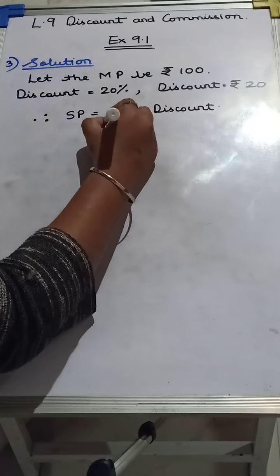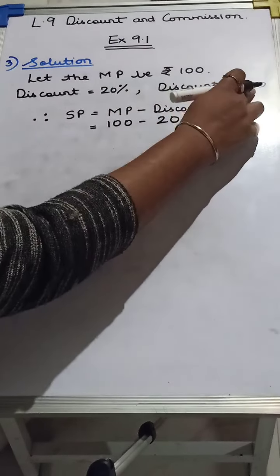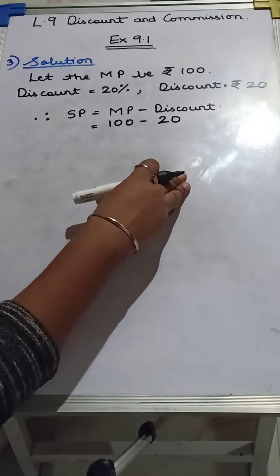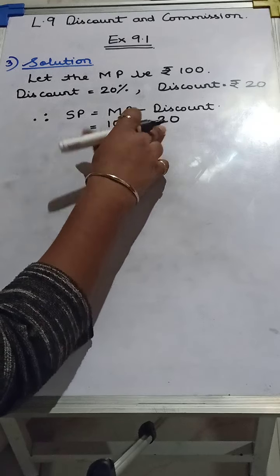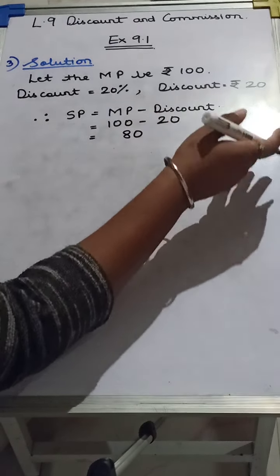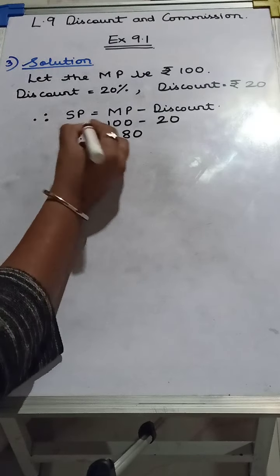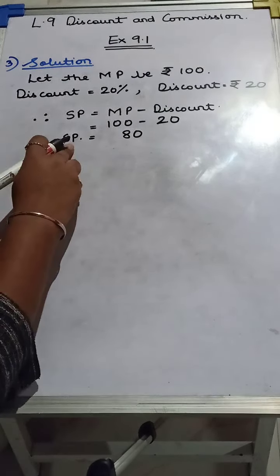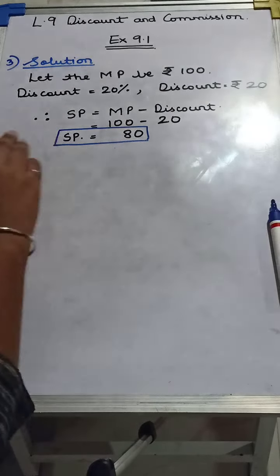So 100 minus rupees 20, that is, I'm sorry, the discount in rupees is 20. So 100 minus 20 will give you 80. No need of rough column, you all can directly minus it. So here we got that our selling price is 80. You can just highlight it, that the selling price here is given to you as 80.